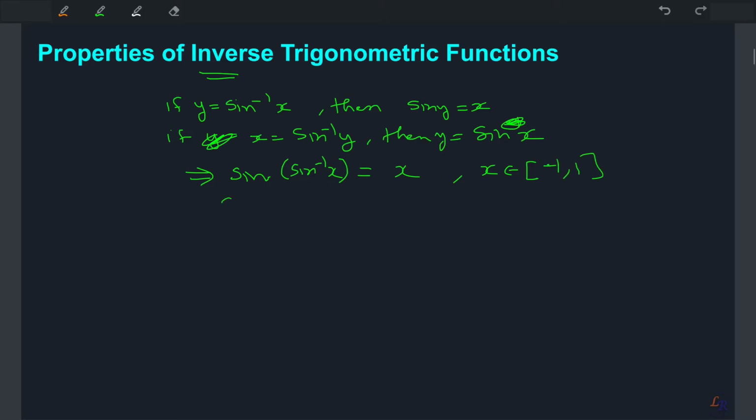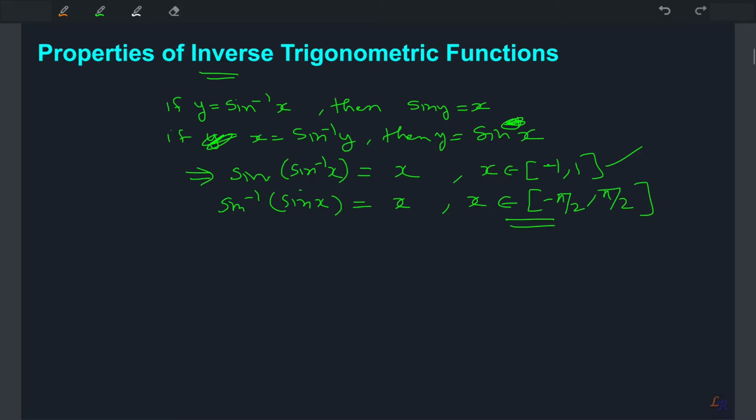Similarly, you can write sine inverse of sine x, and here it would again be equal to x, but x will be an element of -pi by 2 to pi by 2. So again, you can see how the inverse function is defined for this domain range, and for the trigonometric function the domain is this.